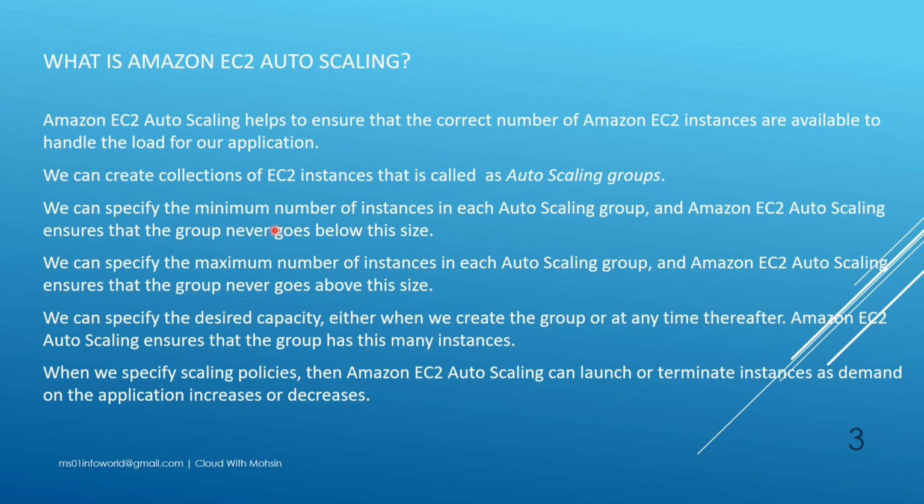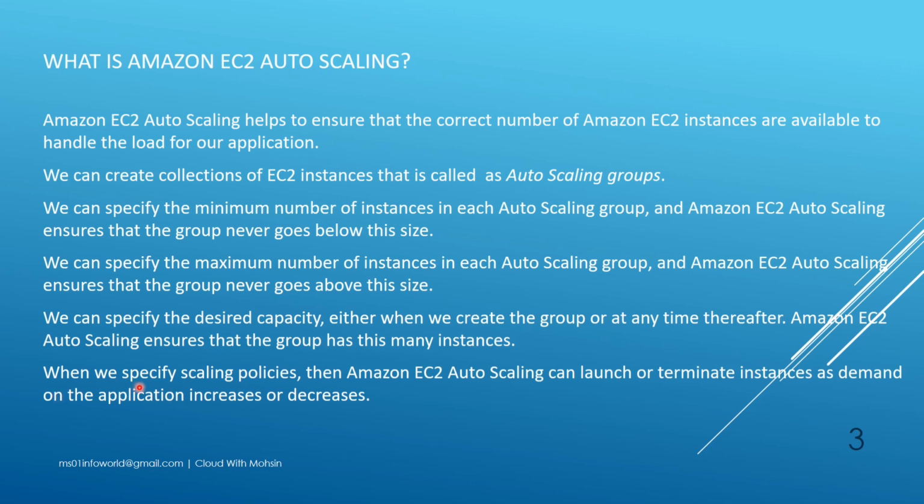Here we can specify the minimum number of instances, maximum number of instances, and the desired capacity. When we specify these, the auto scaling group ensures this requirement is fulfilled at any cost. It will ensure it is running.